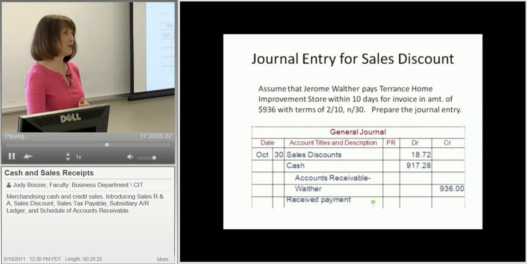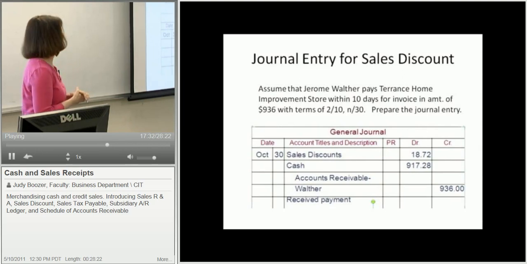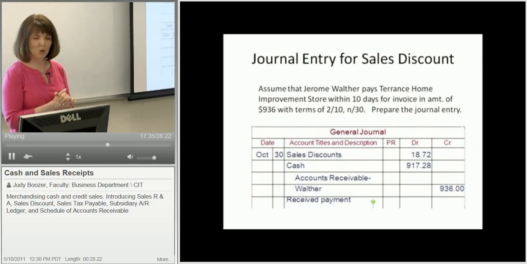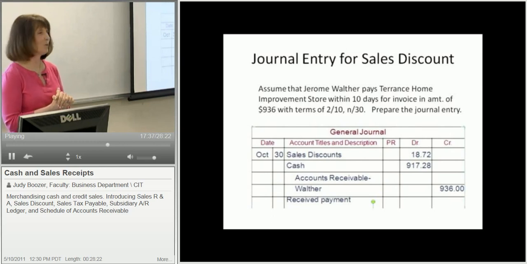Here's a journal entry for a sales discount. Jerome Wather pays Terrence Home Improvement Store within 10 days for an invoice in the amount of $936 for terms of 2/10, net 30. Prepare the journal entry. Now think about this.